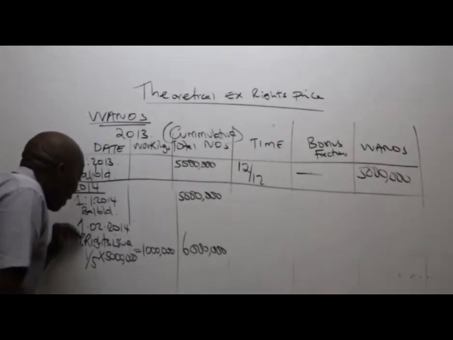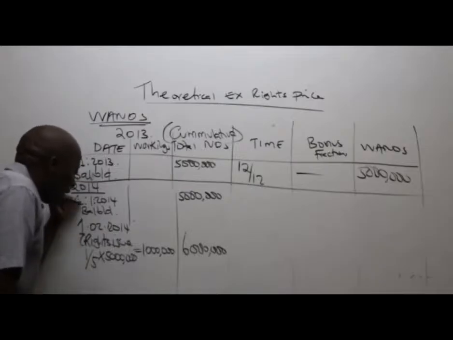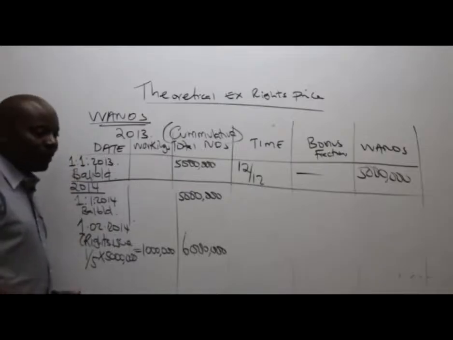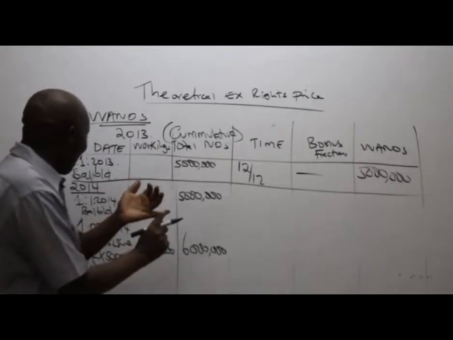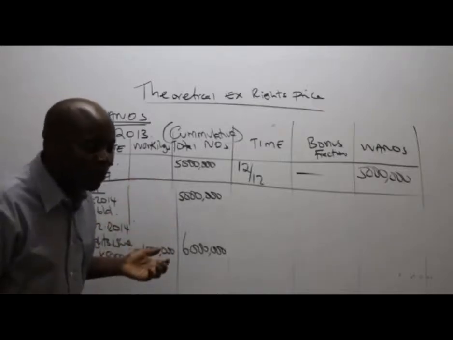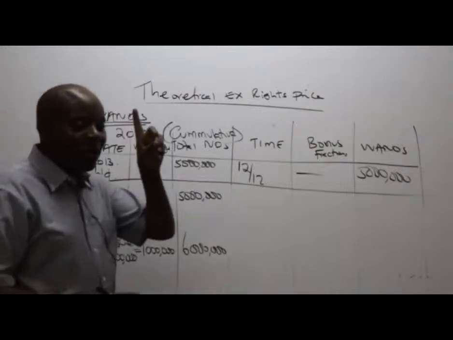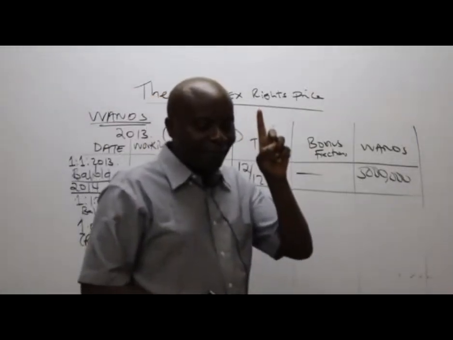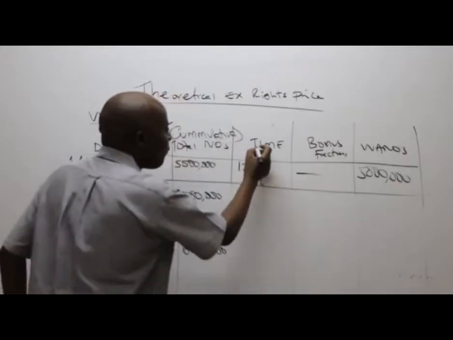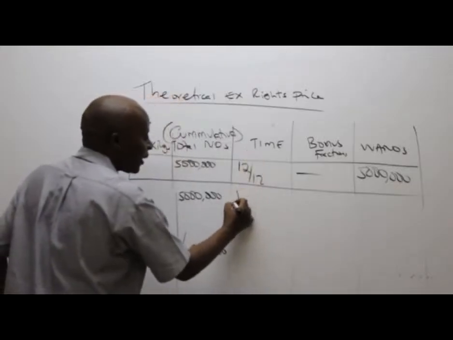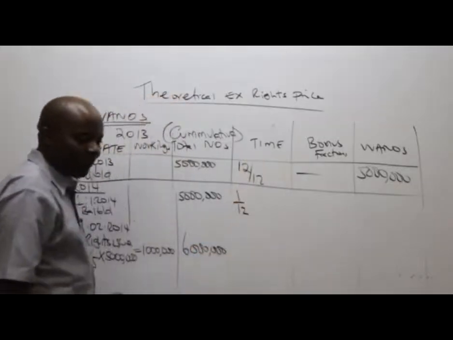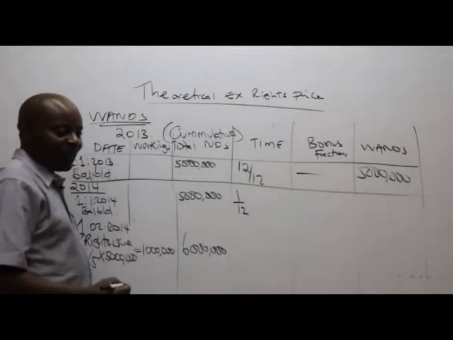How many months do we have in between? So we have here January, don't count February because these happened at the beginning of February. So it is only how many months? 1 month. So here for the time fraction, I will say it is 1 over what here, somebody? 1 over 12. Isn't it true?